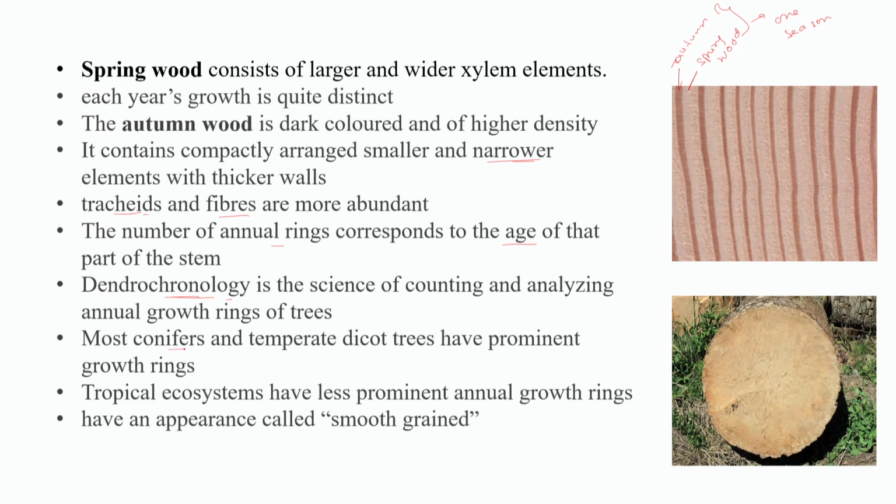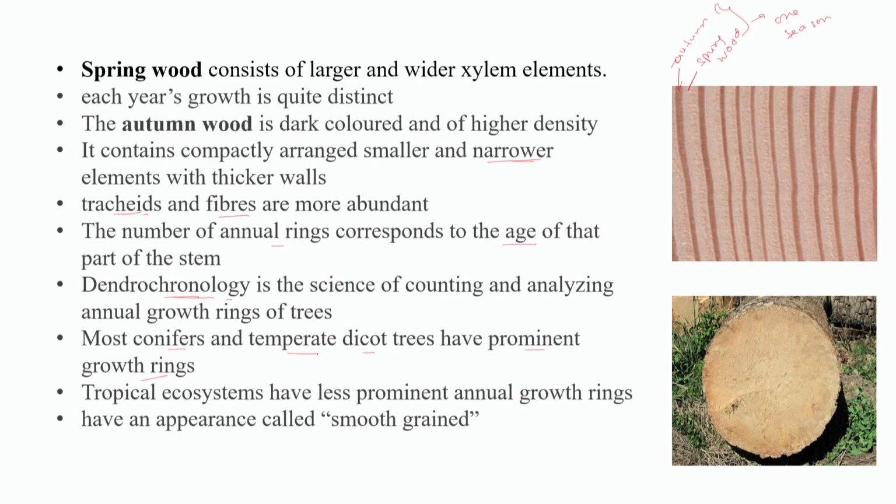Now the conifers and many temperate dicots have prominent rings. You can imagine that if there is a temperature or climatic difference, only then will you get these variations in growth rings. But if the temperature or the climatic condition is constant throughout, then you will not get the appearance of this ring-like pattern, because this is only the difference in the cambium activity.